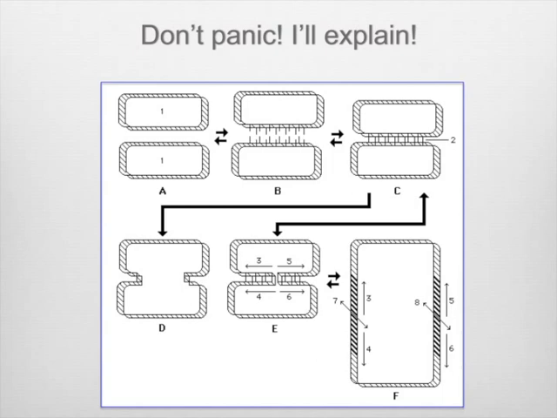Okay, now don't panic. I'll explain this slide. The two rectangular shaped objects under figure A, they're both labeled 1 because they're identical. Those represent circular DNAs. There's no helix, so that it's a little more clear what's going on.